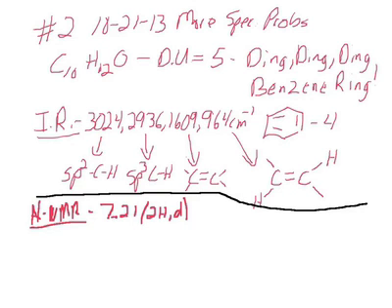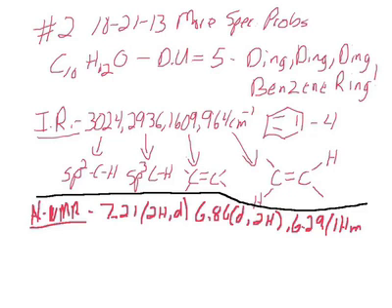We have another one at 6.8, a doublet worth 2 hydrogens. We have a peak at 6.29, that is 1 H and is a multiplet.